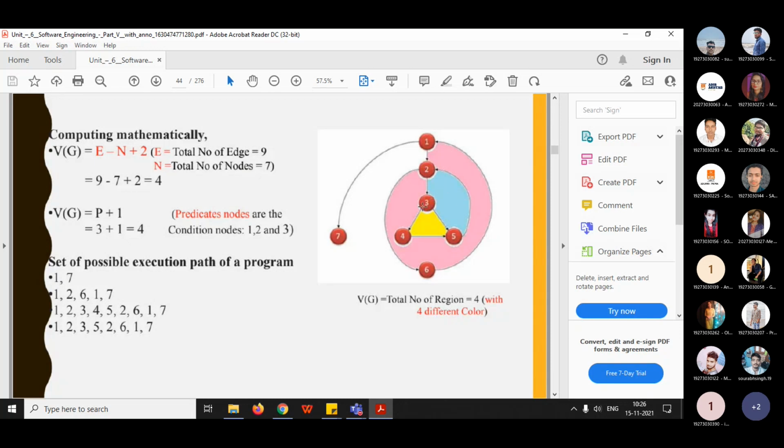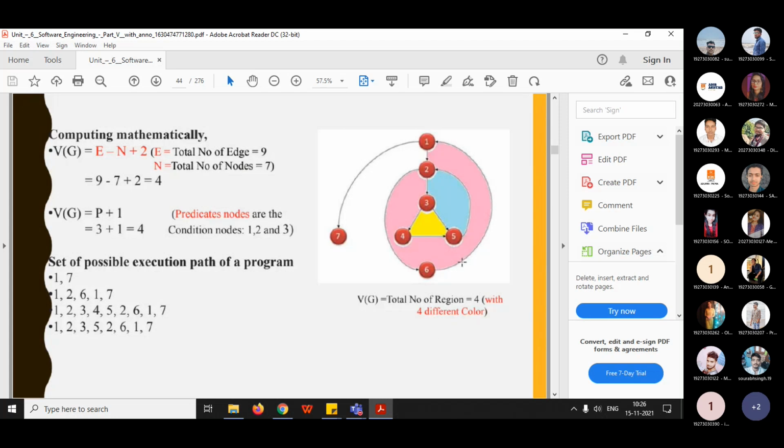Next, this violet portion, that is 2, 6, 1, is another region, and there is one outer region which is enclosing all the rest. So the total number of regions in this graph is also 4. So you can match whether this answer comes out correct using this formula or not.